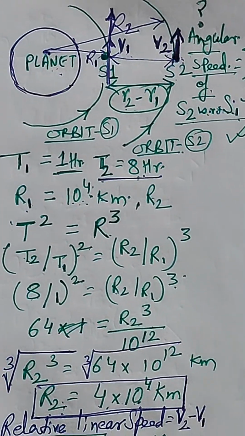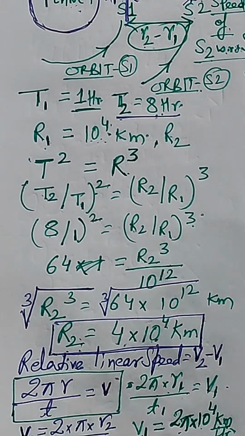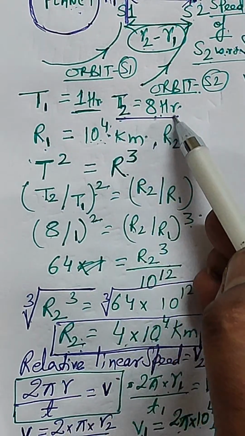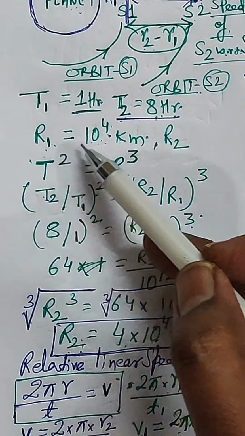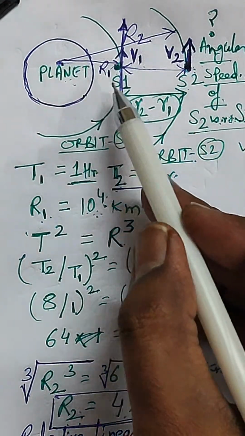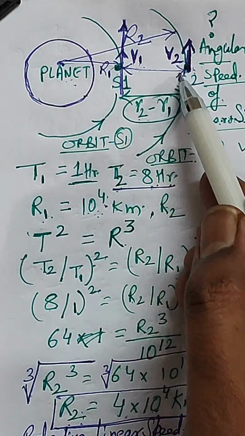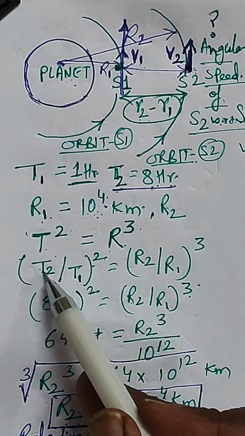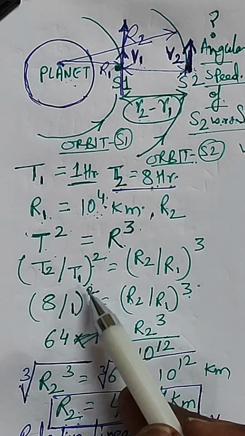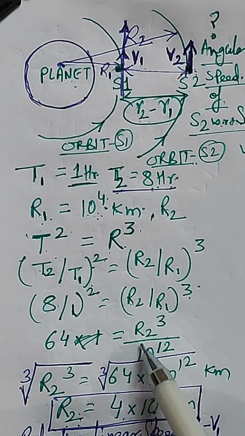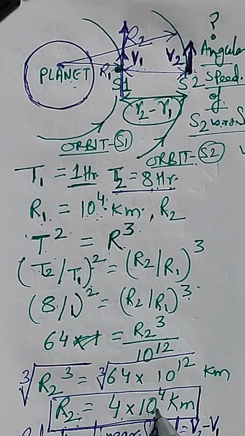You can see through the steps what we have taken. Time period of revolution of the first satellite, time period of revolution of the second satellite. R1 is given to you, the radius of orbit of the first satellite, and R2 is not known to you. We use Kepler's law, T squared equal to R cubed, put in the time periods of both the satellites, and R1 is known to us. Thereafter we calculated the value of R2.